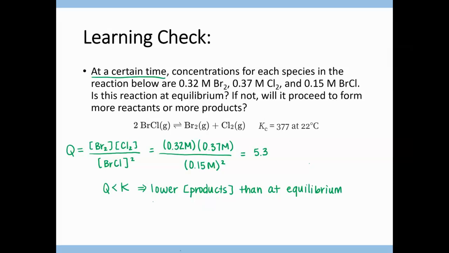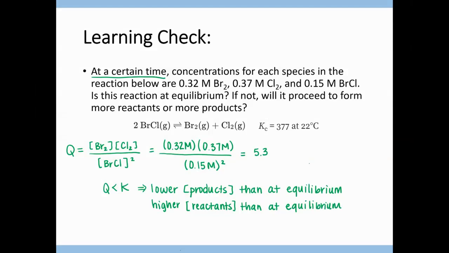It also means, by default, that we have a higher concentration of reactants than at equilibrium.